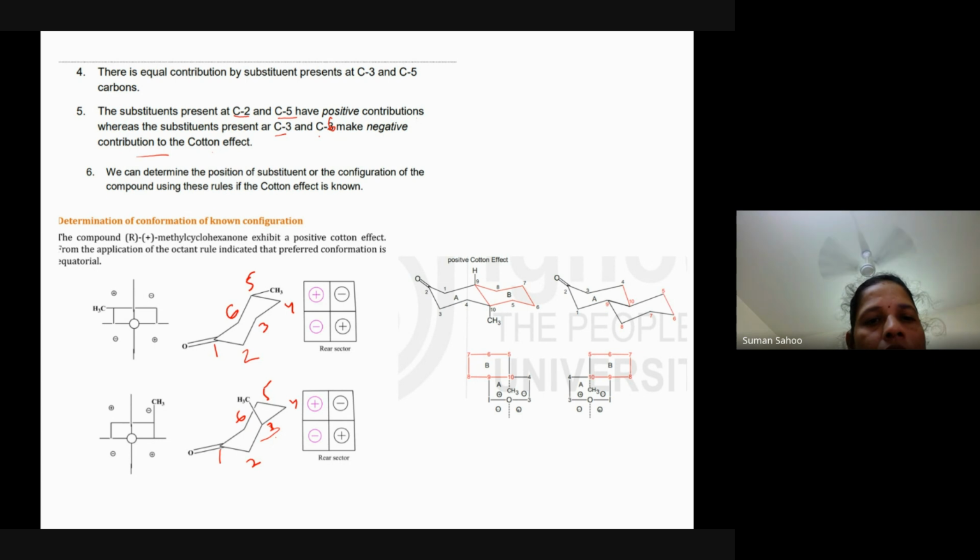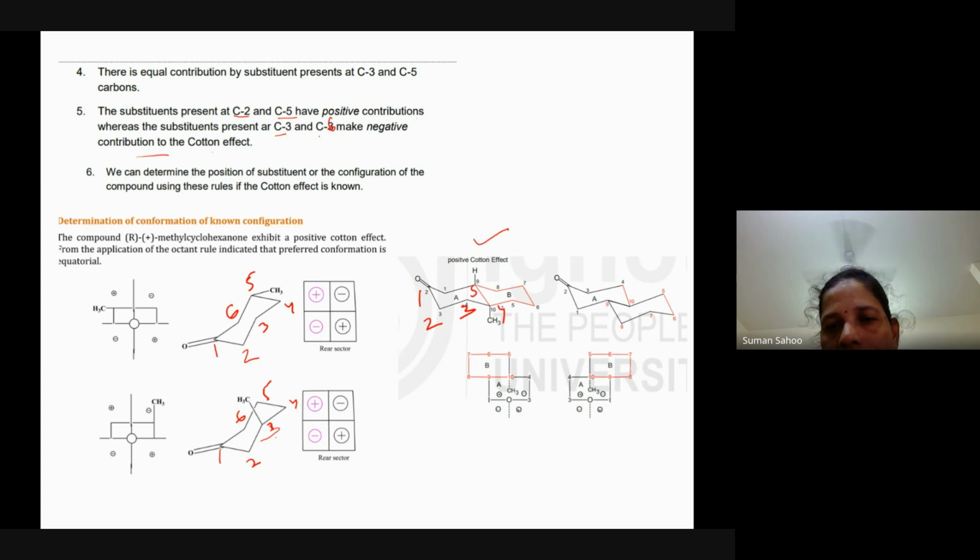If this R-methylcyclohexanone exhibits a positive Cotton effect, then the S gives a negative Cotton effect. Similarly, if you see 10-methyl trans-decalone, it can have two stereoisomers, either this one or this one, but it gives a positive Cotton effect. You number it as 1, 2, 3, 4 and 5.